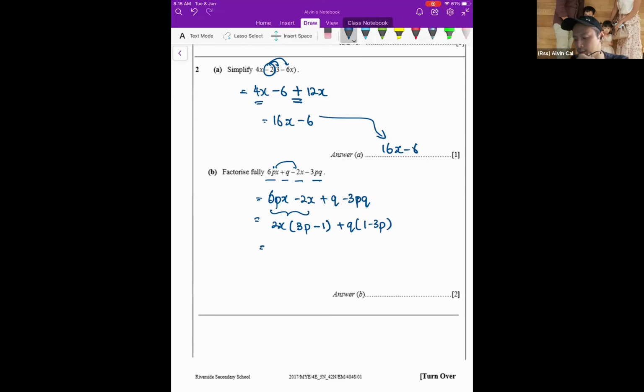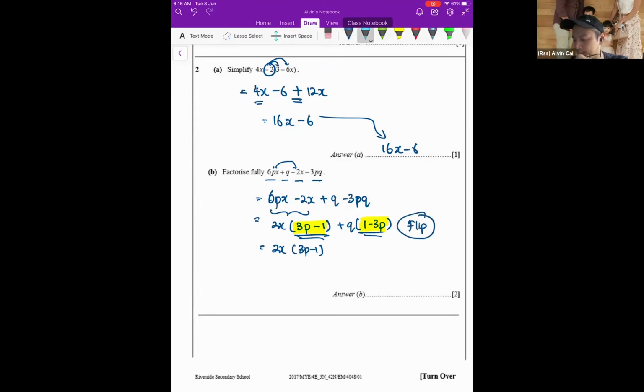Okay, so next, 3p minus 1. Because this term and this term, you can see that it's still not the same. So what we need to do is change to the same term. How to change the same term? You can see that they are directly opposite, so we need to flip. Use the flip method. When you flip, you have to flip the sign.